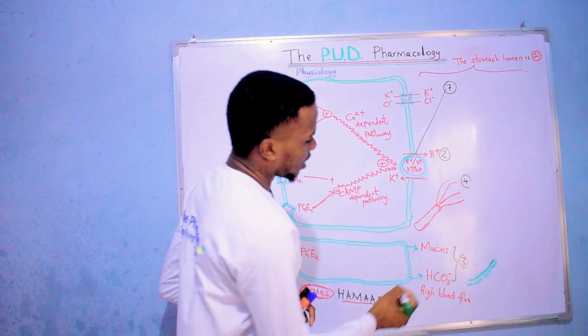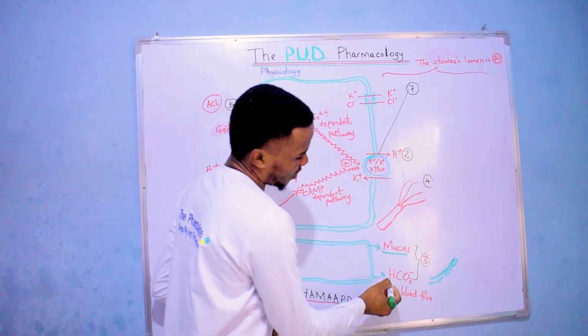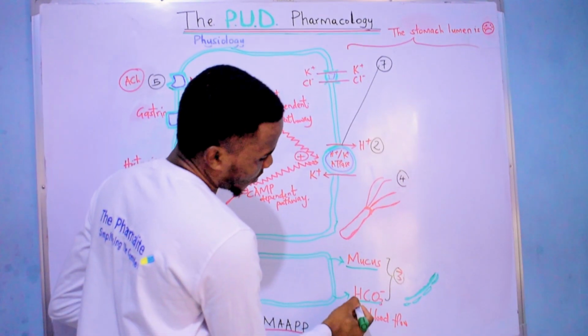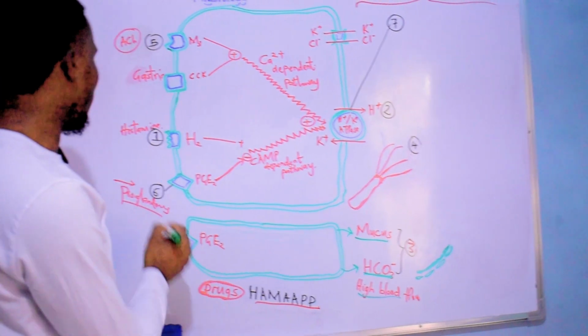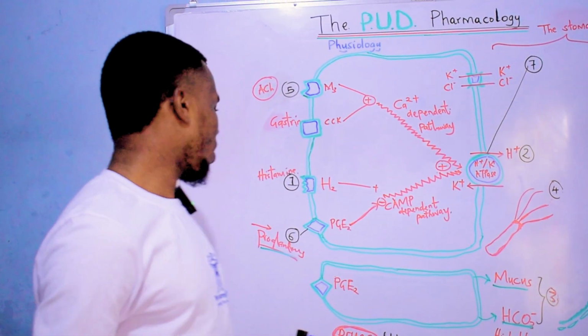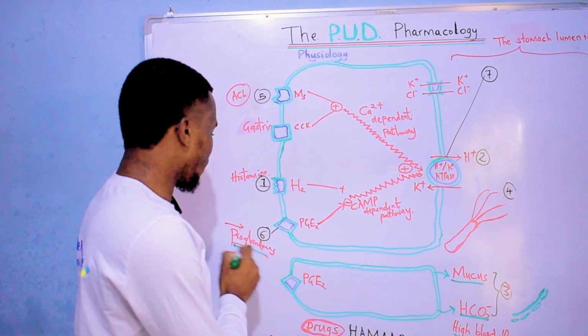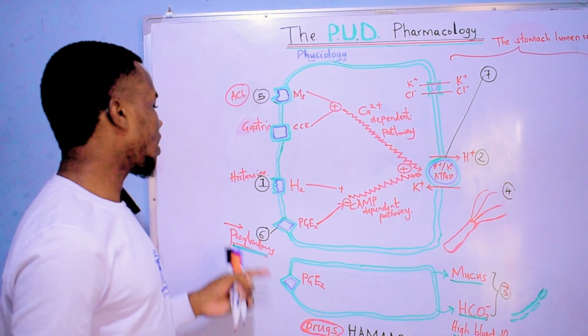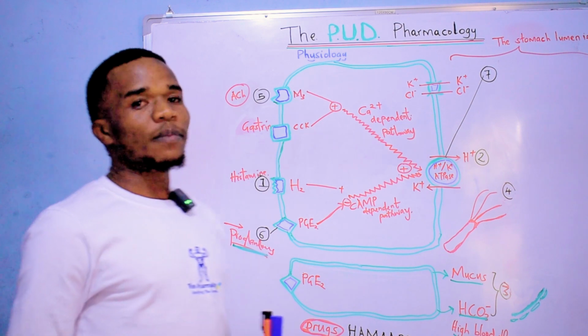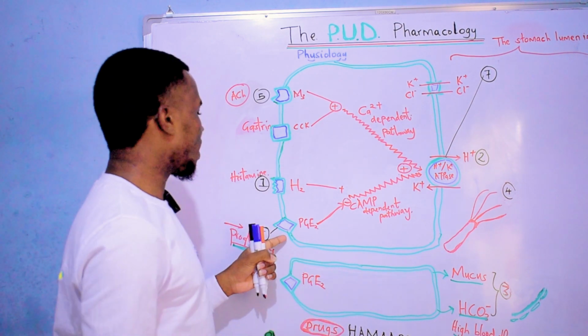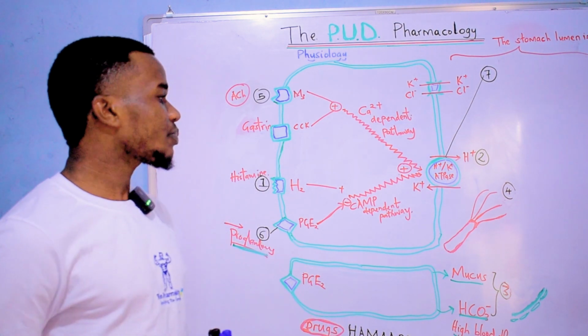The defensive factors include mucus, bicarbonate, high blood flow, and the prostaglandins produced in the body, specifically those received by the prostaglandin receptor in the parietal cell.